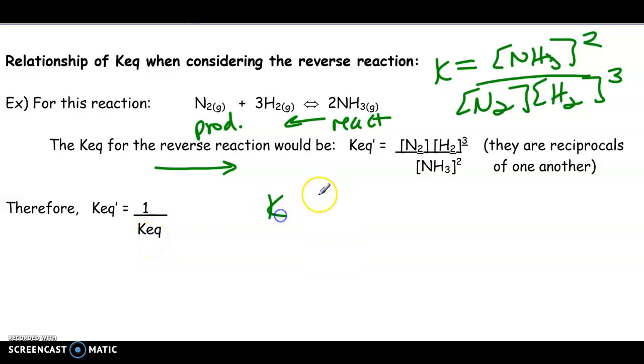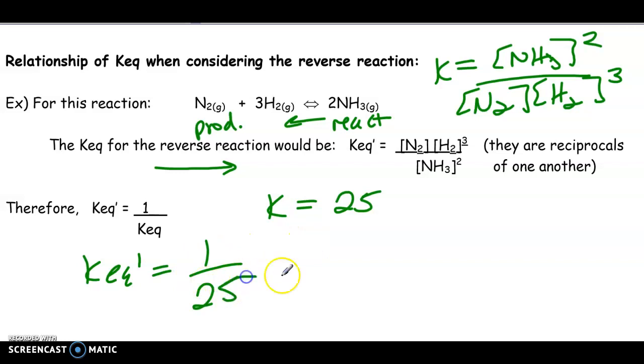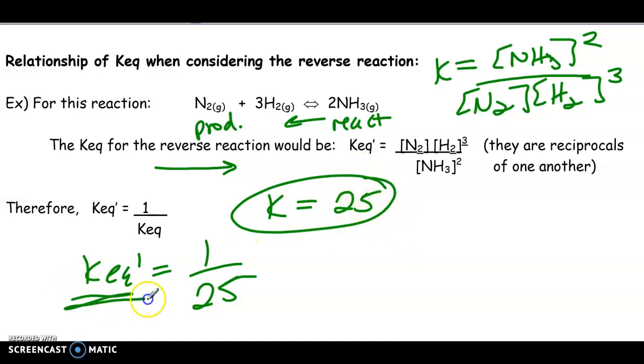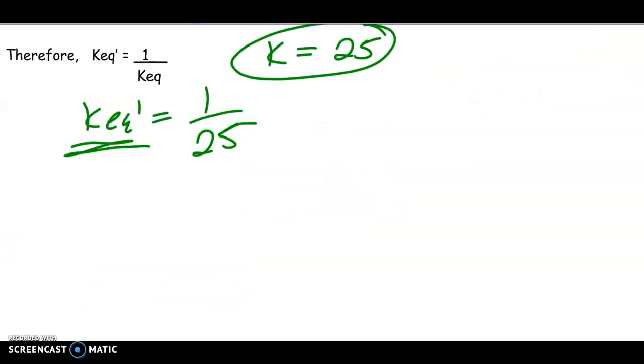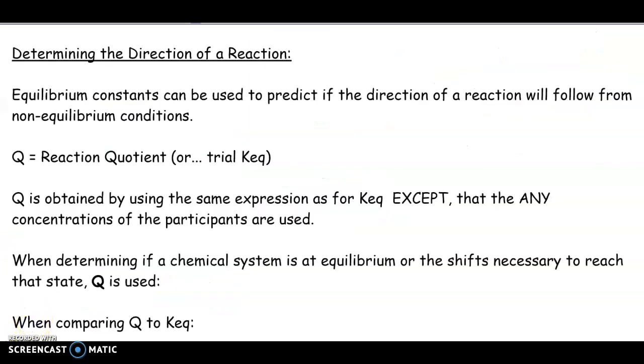Let's say your K for the forward reaction was 25. Your KEQ for the reverse reaction would be 1 over 25. So if you have this value given to you and you're asked to solve for this, that's essentially what you would have to do. It's pretty straightforward.